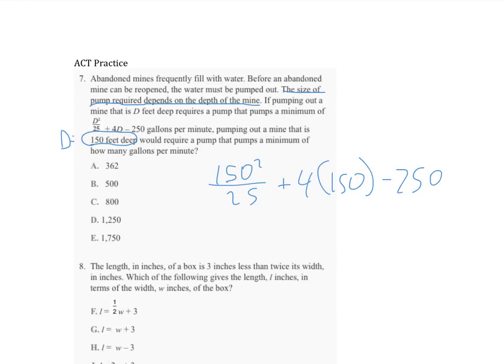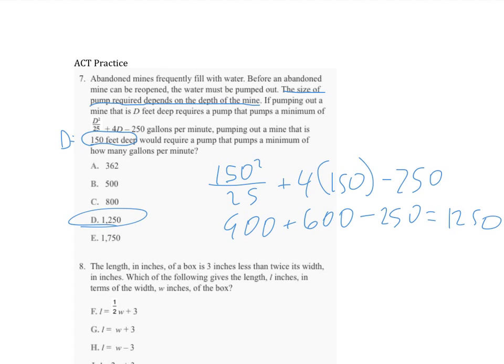I know that this is 600, but right offhand I don't know what 150 squared is. So 150 squared divided by 25 in front, that gives me 900. So 900 plus 600 minus 250, that's going to be 1250. Boom, letter D. All right, moving on.